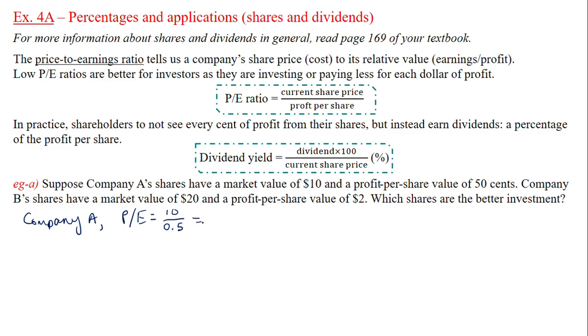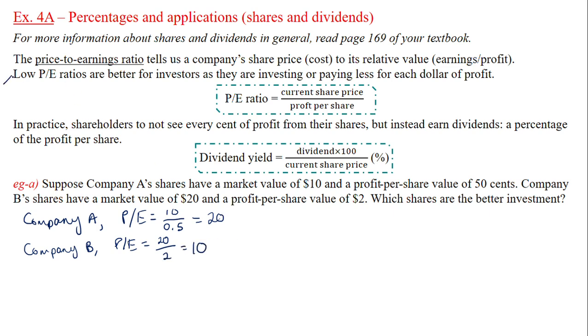So the price to earnings ratio as a number is just 20. For company B, the price to earnings ratio is $20, the price, over $2, the profit per share, so 10.